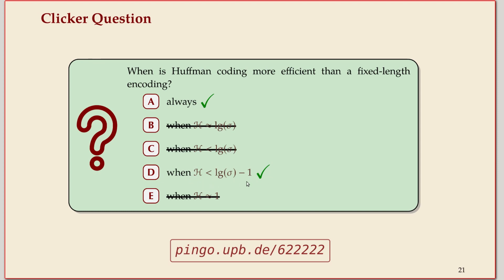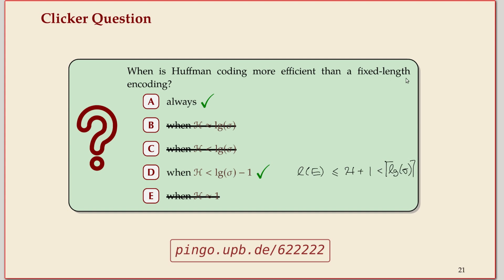Now, if you have this condition D, if h is smaller than this, remember that the Huffman code, that was the upper bound we just had, is always at most h plus 1. So if h again is less than this, this would be less than log sigma. And log sigma is the number of bits you would need in the best case. If you don't round, you would really have rounded up here. Log sigma is what you would have in a fixed length code.